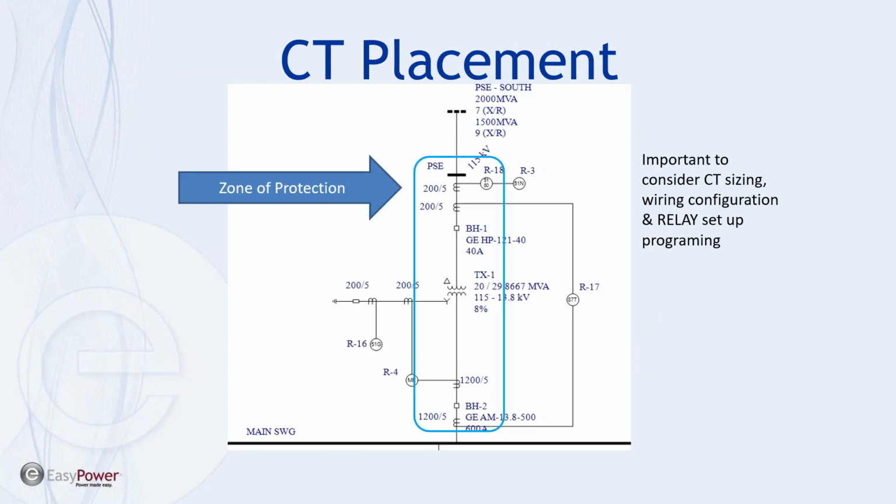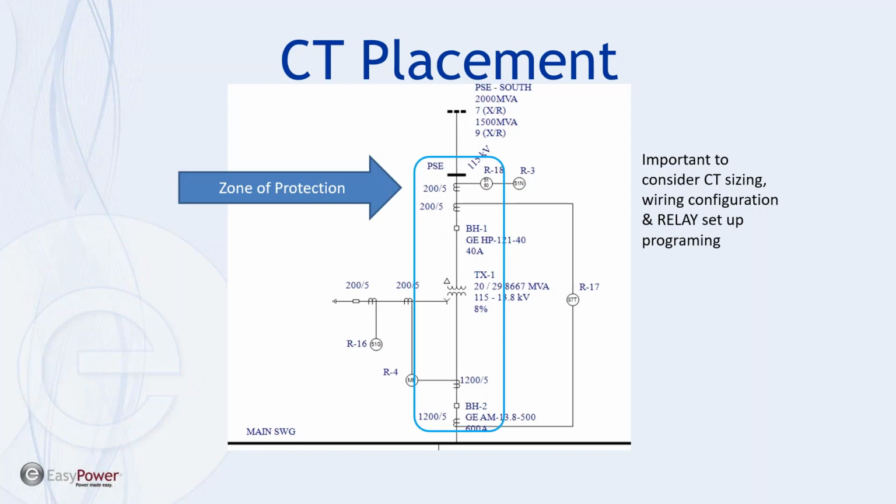Now, you can set up the zone of protection across a transformer, across switchgear, across some number of complex systems, but in simplest form, it's primarily transformer protection. And what we're monitoring is incoming current to the transformer and then outgoing current. This will determine the CT sizing that we are going to use, and the configuration, whether it's delta-Y or delta-delta.